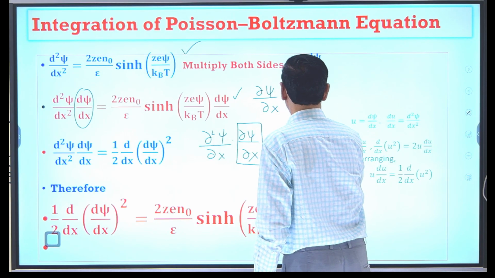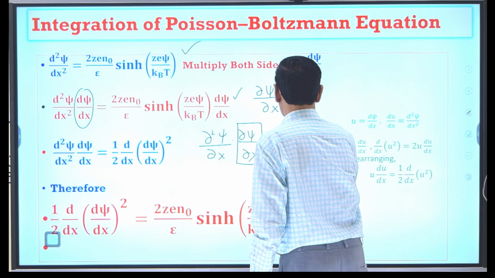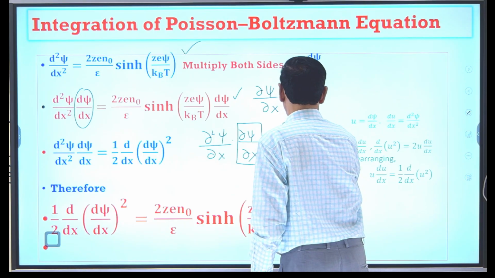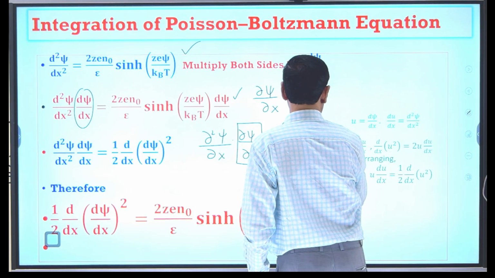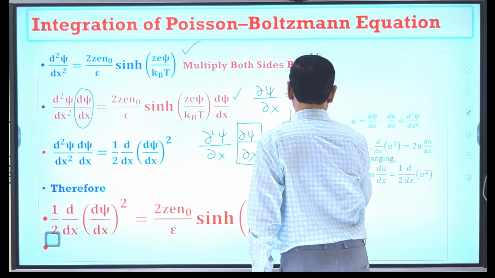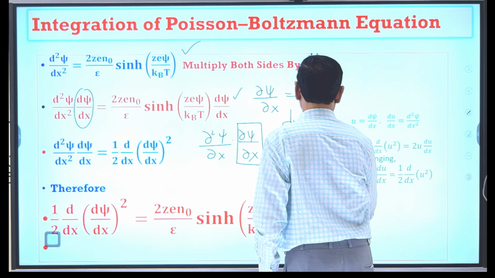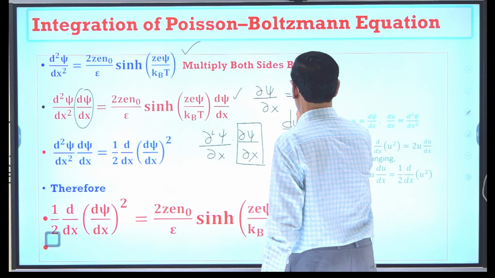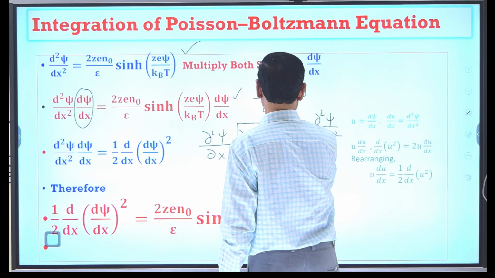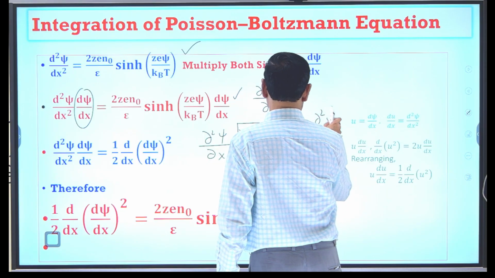So u, फिर हम क्या लिख सकते हैं? अगर हम इसका du by dx करेंगे तो ये हो गया del square psi by dx square. मतलब हमने क्या किया? इसका du by dx कर लिया तो this value हो गया.